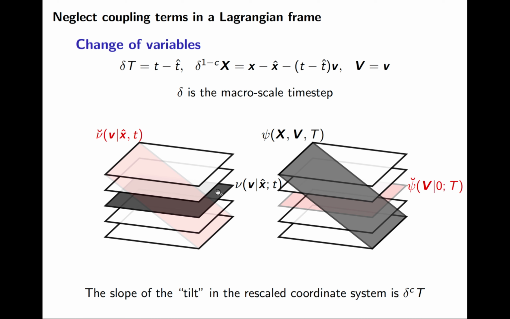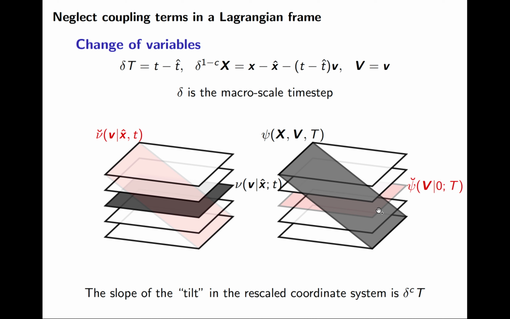So this gray coordinate system, or this gray plane here. And this is the density that we want to evolve. And then in the transformed coordinate system, because we've moved into a Lagrangian frame of reference, this gray plane that we care about turns into this tilted plane here. And so this planar manifold corresponds to this region here in the original coordinate system.